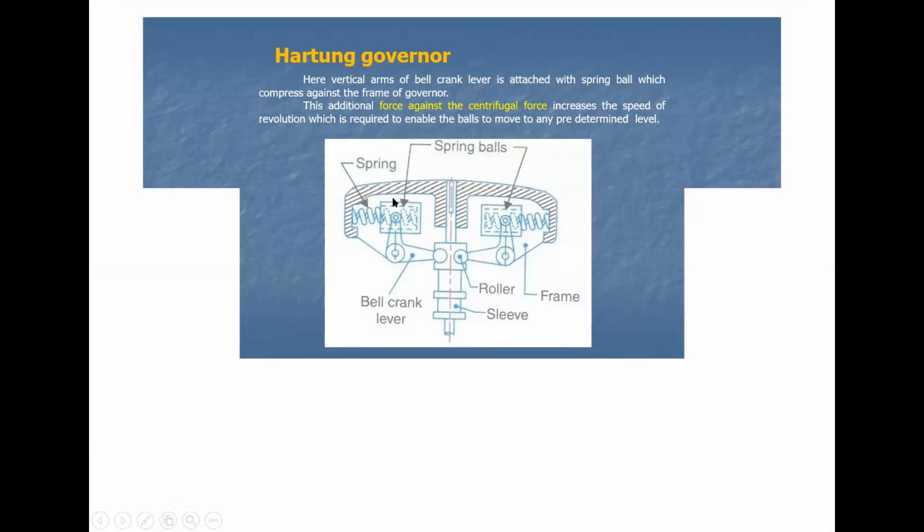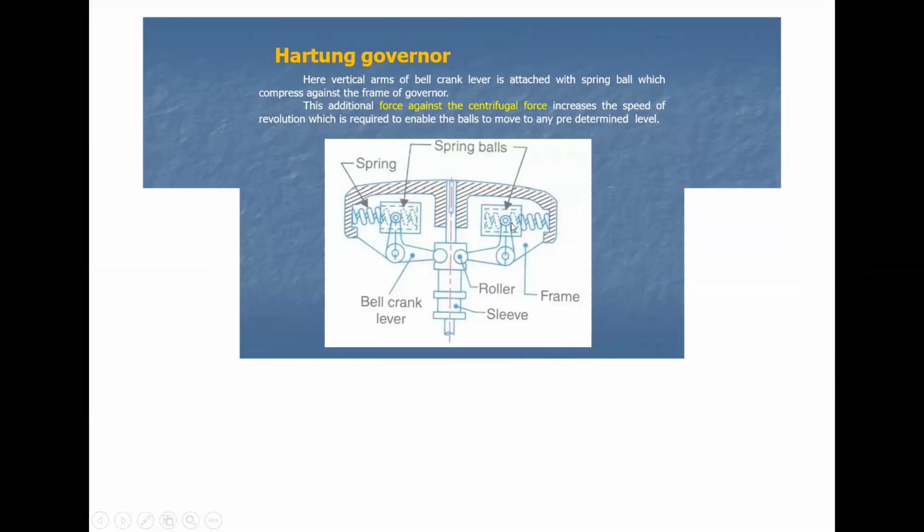If the centrifugal force is higher, then it is resisted with the help of the spring, because the spring is enclosed within this frame. If it is higher, the spring acts against the centrifugal force. So that also happens in our particular Hartnell governor.